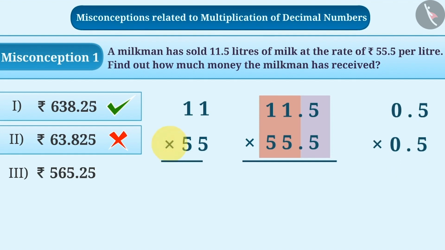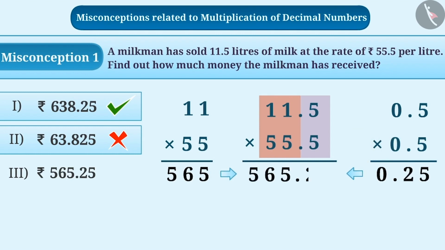The product of whole number part is 565 and the product of part of the whole number is 0.25. And now, both are combined together to obtain the answer as 565.25. This is also a misconception. Therefore, incorrect answer option 3 is chosen. Remember that this is the wrong way of performing multiplication.